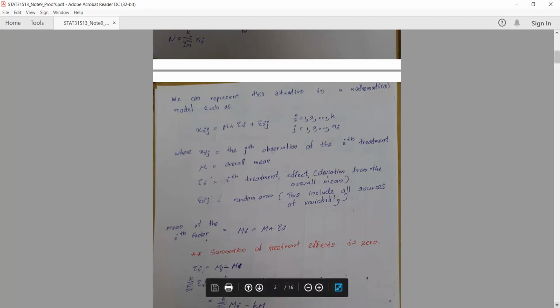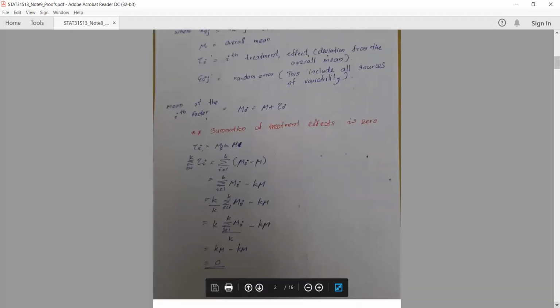Since we have k treatments, i goes from 1 to k. If you take the summation on the left hand side, we take the summation of the right hand side, where we have mu i minus mu, with i from 1 to k.